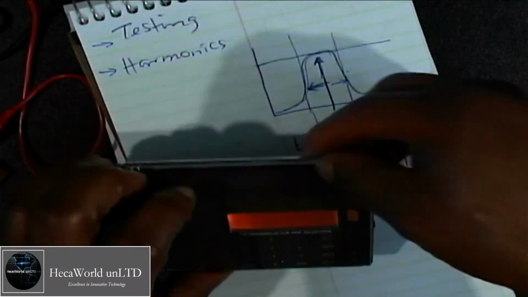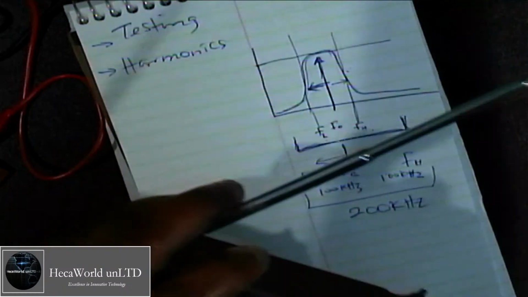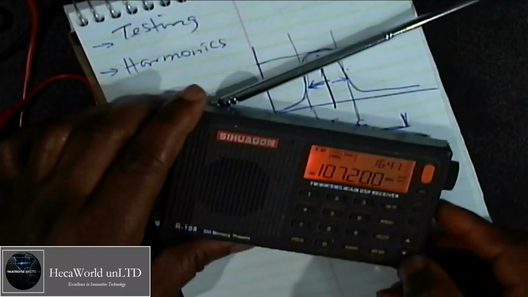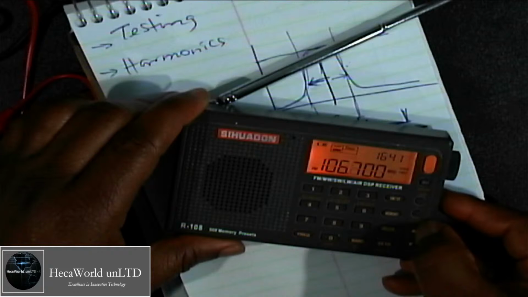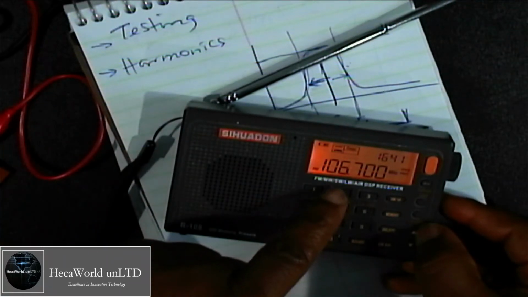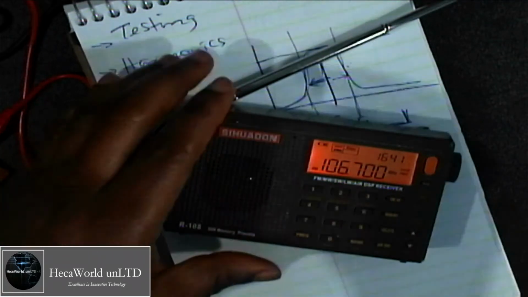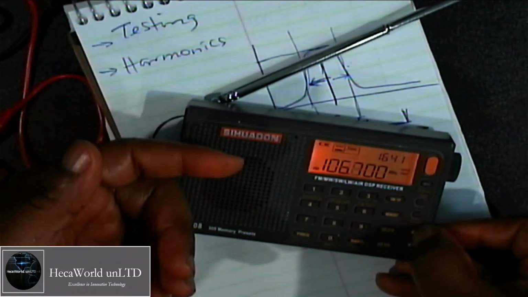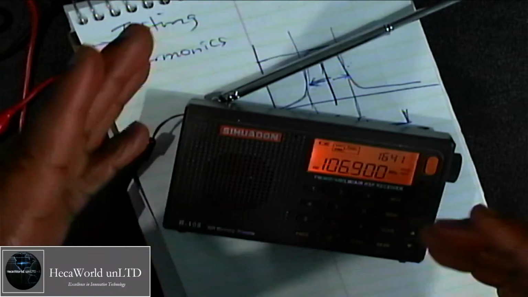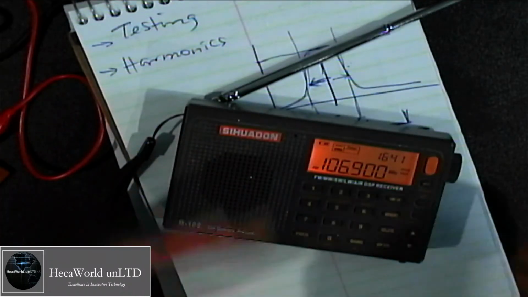If in this region there are FM stations, you get one at 106.7. The next one should be at 106.5 if they have one, or the next one will be 106.9, because you have to maintain that 200 kilohertz gap.